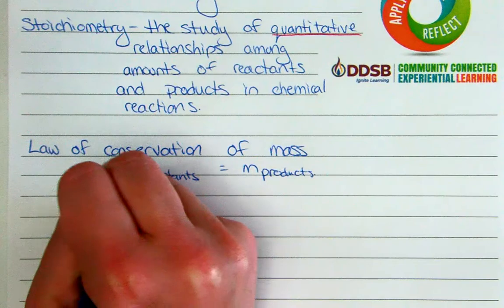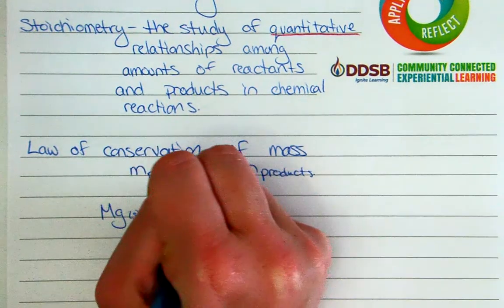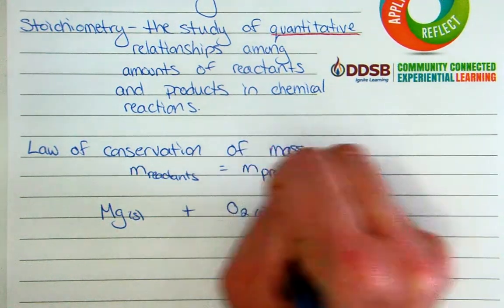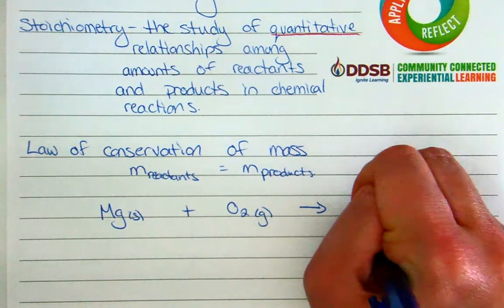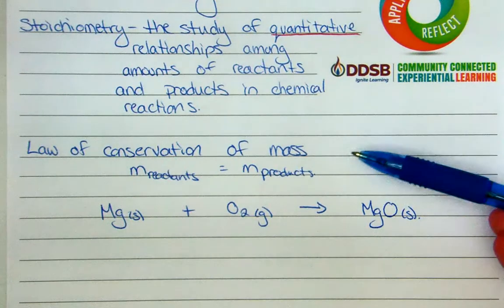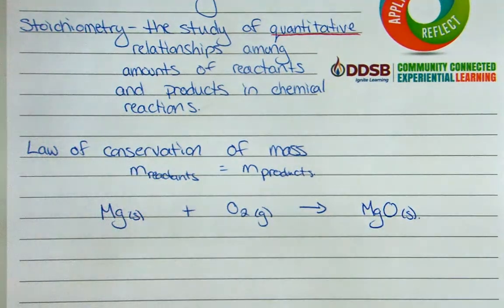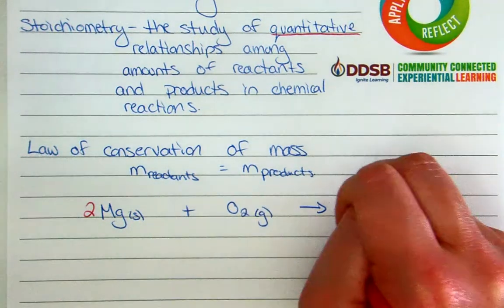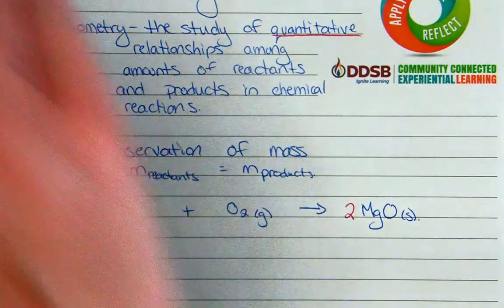Let's have a reaction here. If we look at burning solid magnesium in oxygen gas, and it forms solid magnesium oxide, the law of conservation of mass is why we have to balance this. So I would have 2 magnesium plus oxygen forms 2 magnesium oxide.